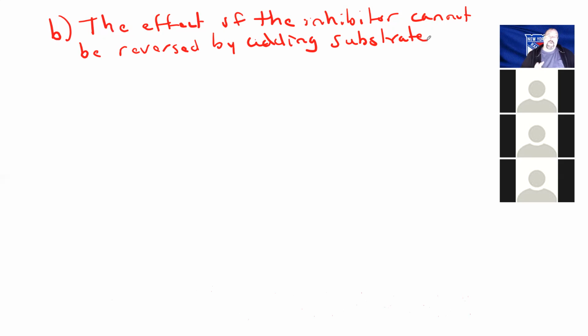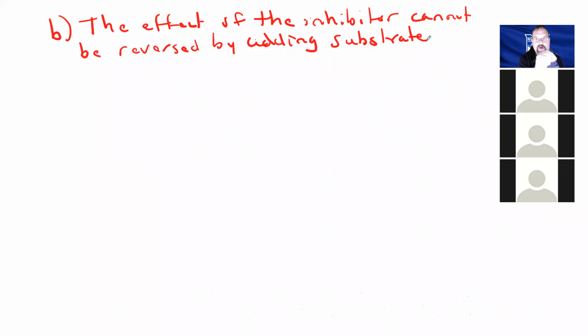But what this inhibitor does is that it attaches to another portion of the enzyme. And when it attaches to another portion of the enzyme, the shape of the enzyme becomes distorted. And if the shape of the enzyme becomes distorted, what's going to become distorted as well? The shape of the active site. So now when the substrate goes to fit into the active site, it can't.